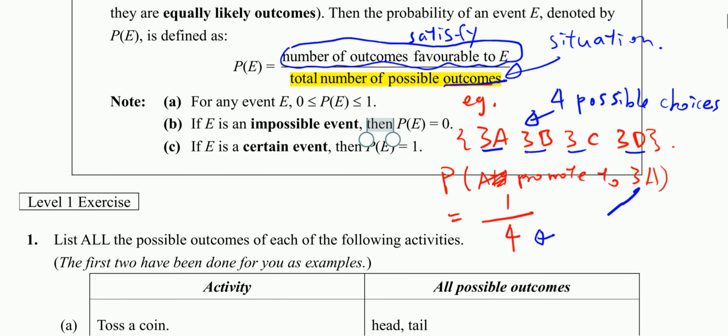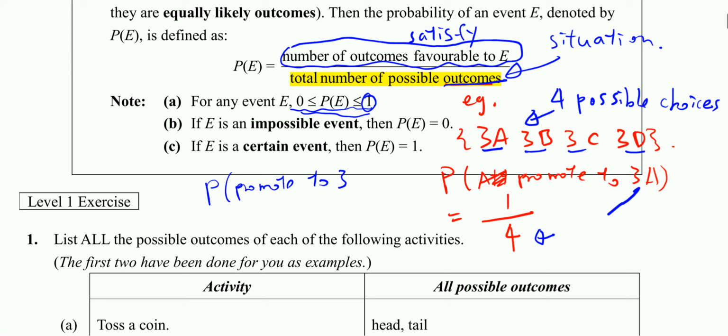And there are notes you have to understand. First of all, for any event the probability should lie between 0 and 1. For 1, for example, all students in the college will attain, if someone can promote to Form 3, either 3A, 3B, 3C, or 3D.